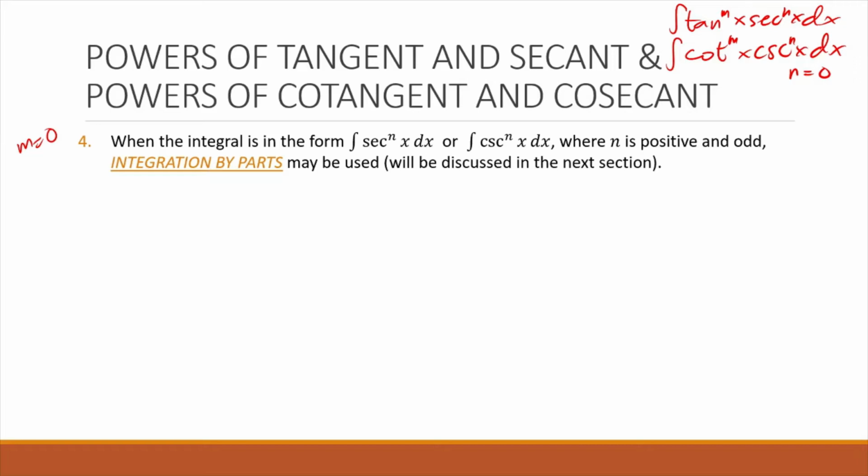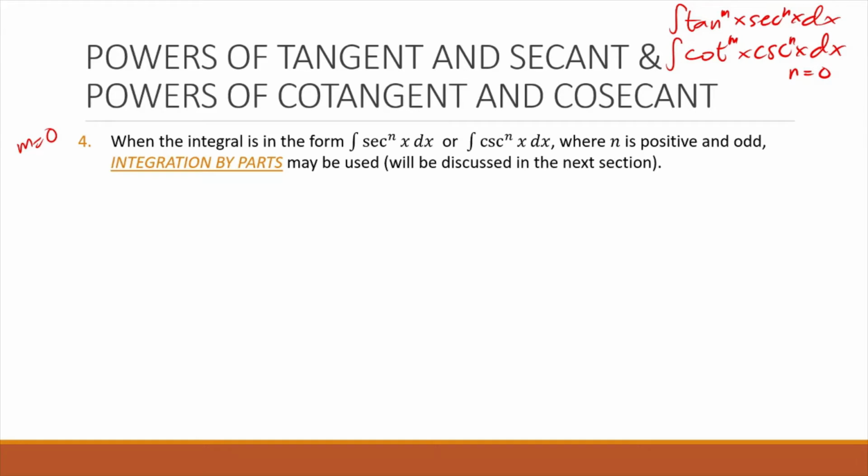Or in general, if n is any number, we actually have reduction formulas. I'm sure you've already encountered reduction formulas when you search for mga integration formulas. Okay, reduction formulas, they are a form of shortcuts, kumbaga.